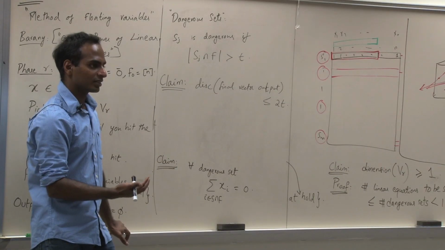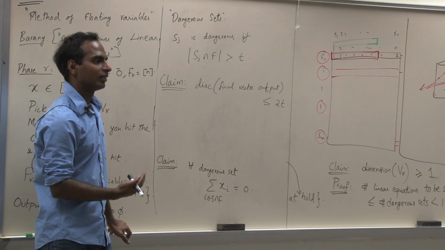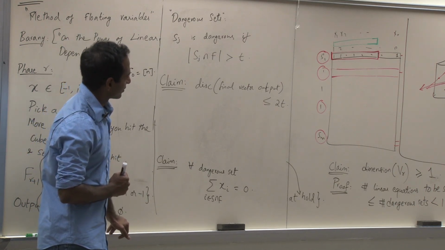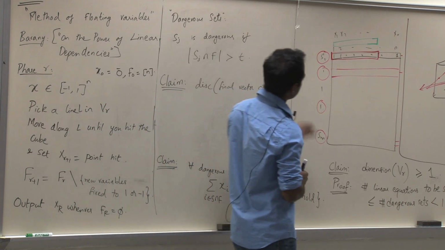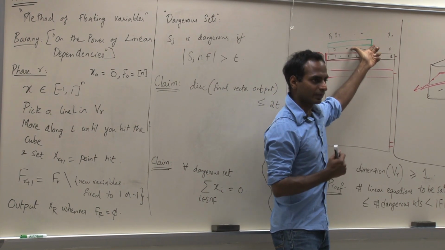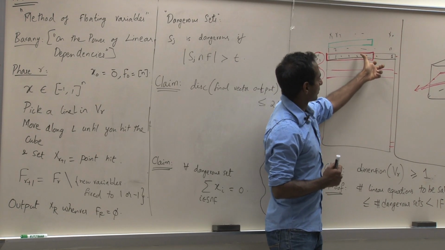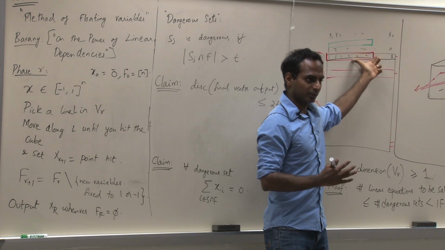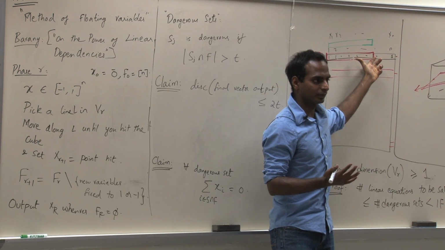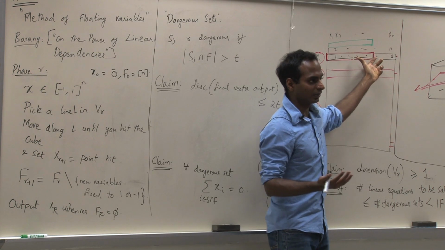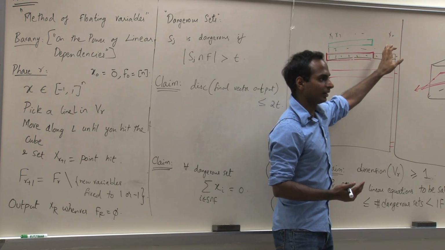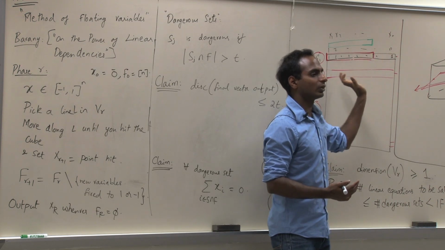We started out with this condition, and at every step of the way, we maintain it. Now remember that a set is dangerous if its intersection with the set of floating variables has size more than t. Now, if a set becomes not dangerous at any point, can it become dangerous again? No, because I'm only removing things from this set here, and once the size falls below t, it can never go up above t.